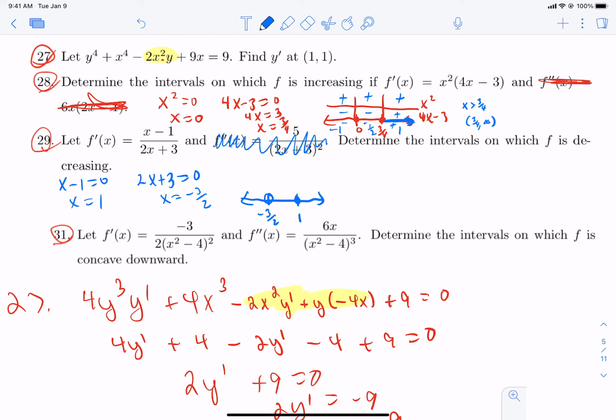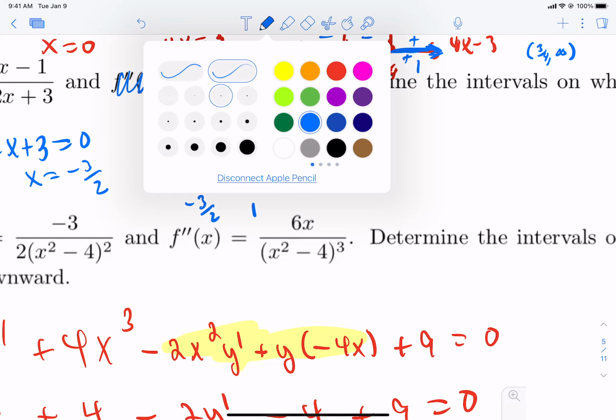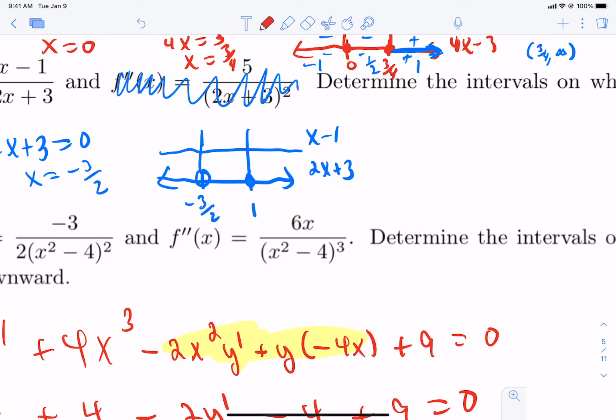Okay. Let's turn this into a chart. We list all the factors from the top and all the factors from the bottom. We're going to pick out some testers. So why not? Let's go -2, 0, and 2. Anything within those intervals there.